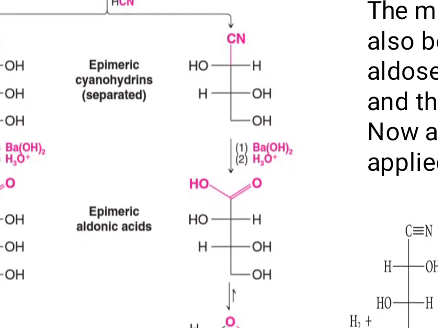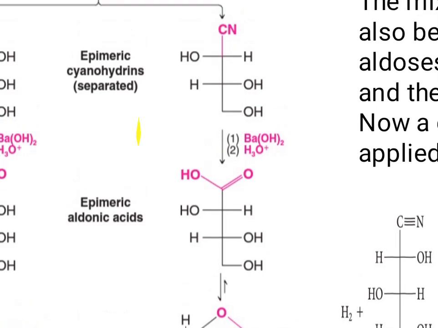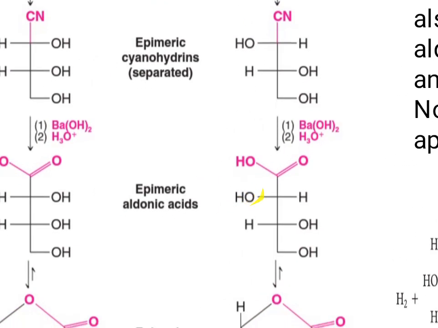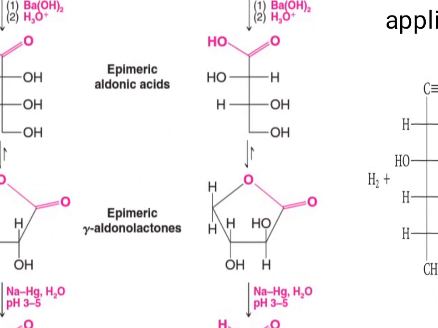Now just react with Ba(OH)2 twice in the acidic medium, that means baryta. You are reacting with barium hydroxide. Then these cyanohydrins, that means these CN groups, will be converted into COOH, carboxylic acid groups. Now in these carboxylic acids, this OH will attack here and form a gamma aldonolactone.